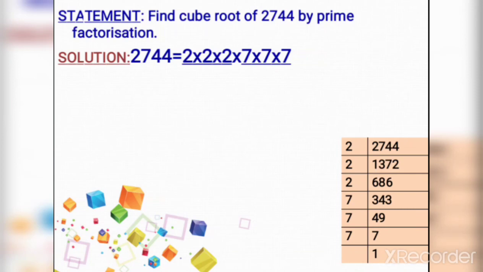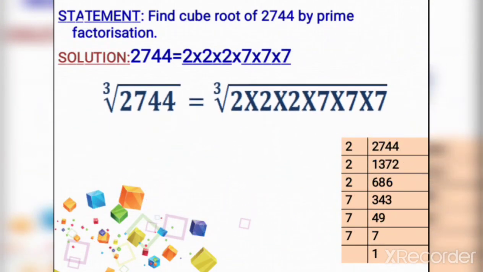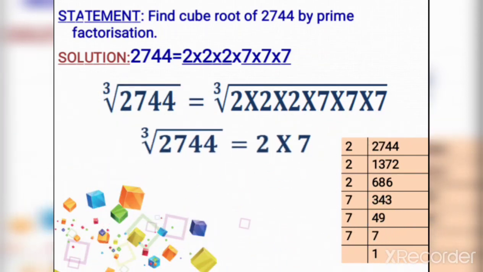The very first step, we make their triplets. Out of each triplet, we pick the number, that is 2. Then from the other triplet, we pick the number 7. Now we will multiply them and we will get 2 multiplied by 7 is equal to 14.